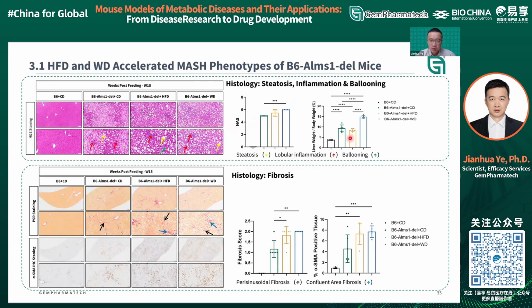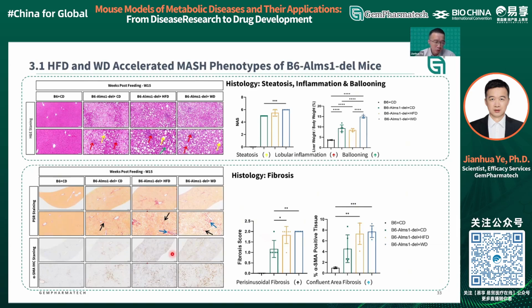And also we can see from here that after the Western diet feeding, the liver weight to body weight ratio is much higher than control diet or high-fat diet. And also the fibrosis phenotype is more drastic after the feeding of the high-fat diet and the Western diet, as we can see from this picture.